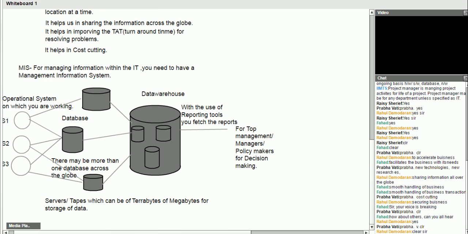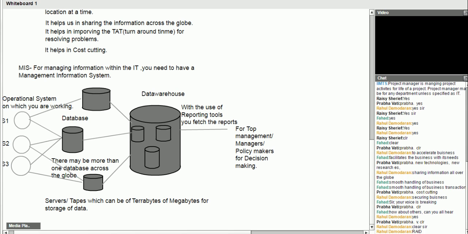Then you have networks for connectivity of branches of the office across the globe.